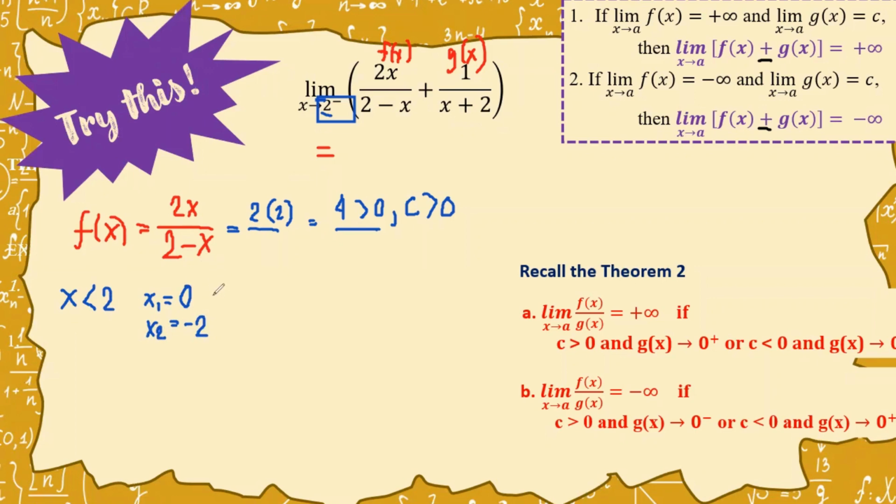So, ayan. Substitute natin. 2 minus 0, ano yung result? That is 2 pa rin. Next, 2 minus negative 2. Di ba, subtraction, change the sign of the subtrahend and proceed to addition, or i-multiply na lang natin siya.